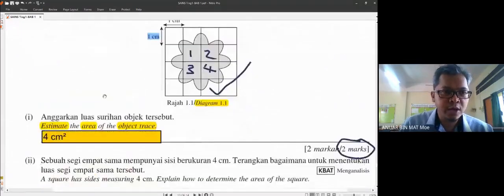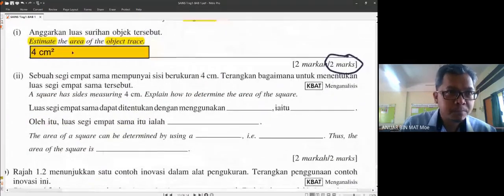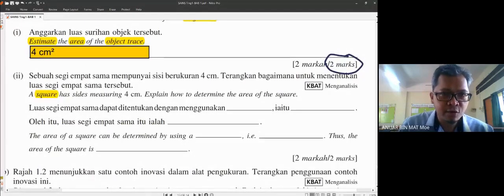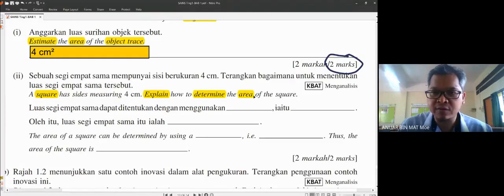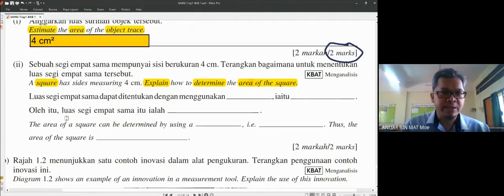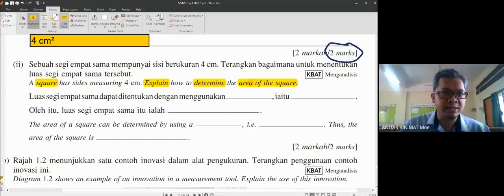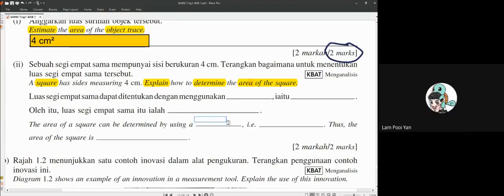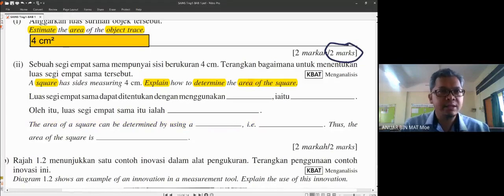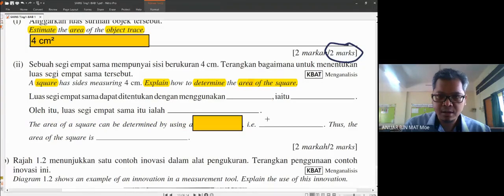So 2A2, I will try to read it for you. A square has side measuring 4 centimeter. Explain how to determine the area of the square. So the area of the square can be determined by using what? The answer here is formula. Okay, text box here. I will select the text box.